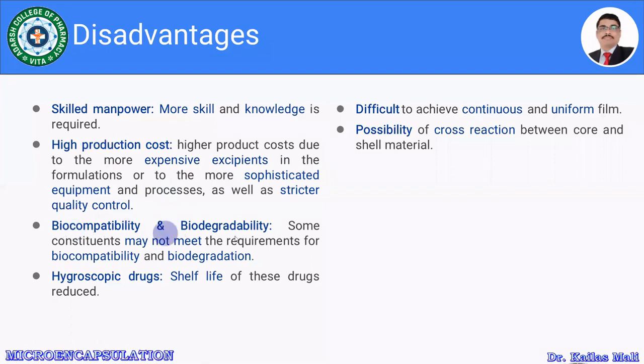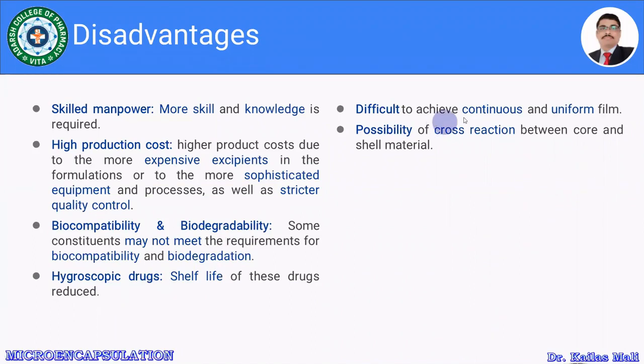Then biocompatibility and biodegradability: some of the constituents may not meet the requirement of biocompatibility or biodegradability, such as certain polymers, certainly the organic solvents which are used during microencapsulation, and certain hardening materials, that is, the cross linkers. In the case of hygroscopic drugs, the shelf life of these drugs is going to be reduced when we are microencapsulating them.